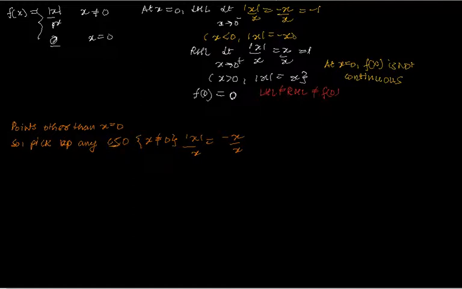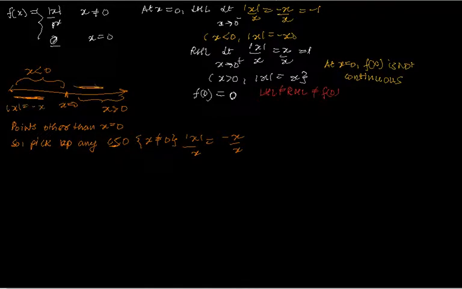Let me just put this on a real line. So this is x equals to 0. All of these points are x less than 0, and all of these points are x greater than 0. If you pick up anything here, mod of x would be equal to minus x. If you pick up anything here, your mod of x would be equal to x. So the limit is equal to minus 1. Now what is the value of the function at such a c?